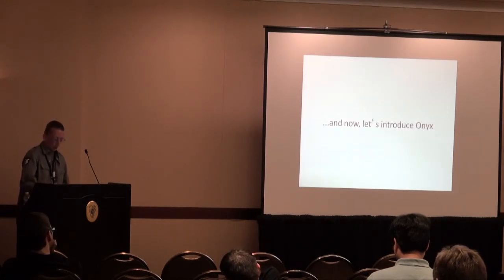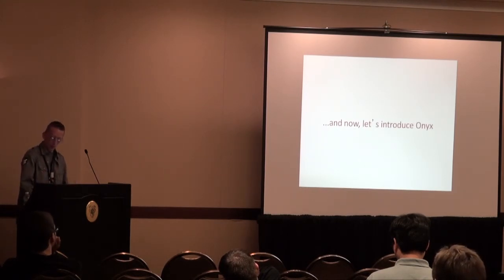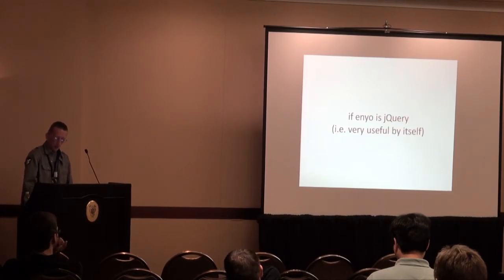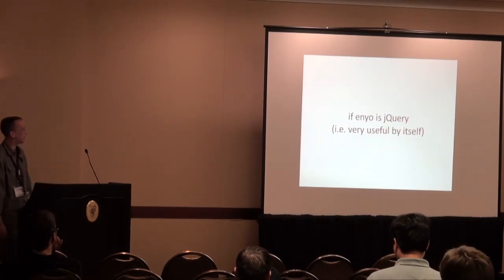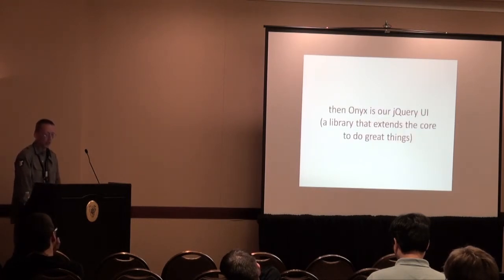All right, so that was core, then layout, and then another additional piece that we provide is the Onyx widget library. The comparison would be if Enyo is jQuery, meaning it's very useful by itself without anything else, then Onyx is jQuery UI. Right?